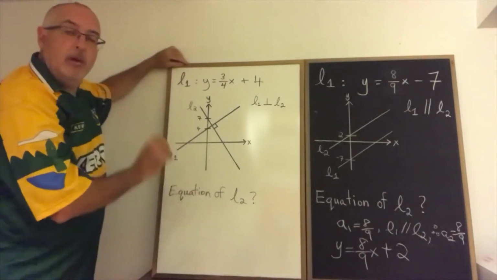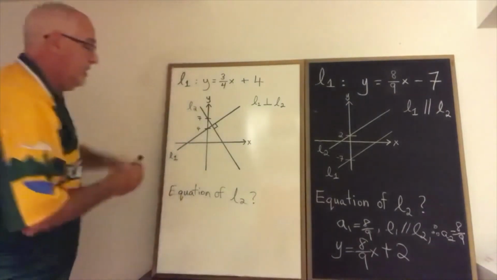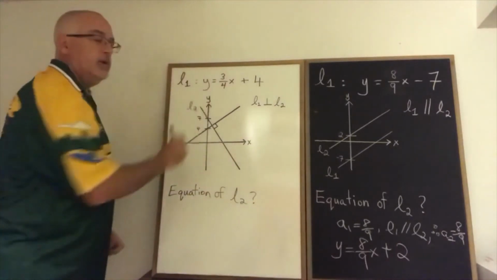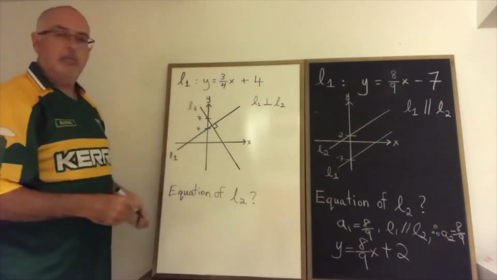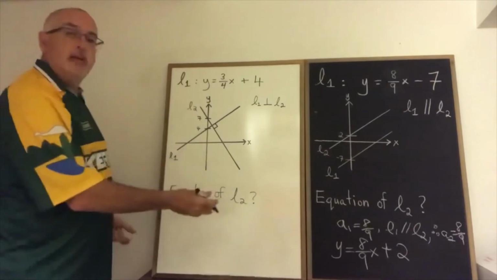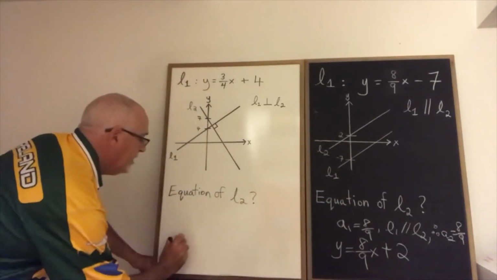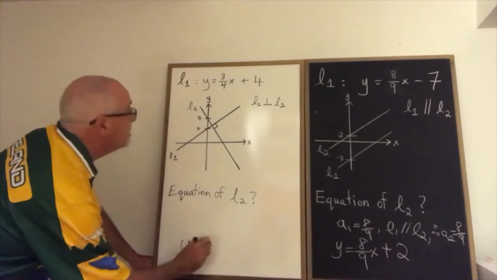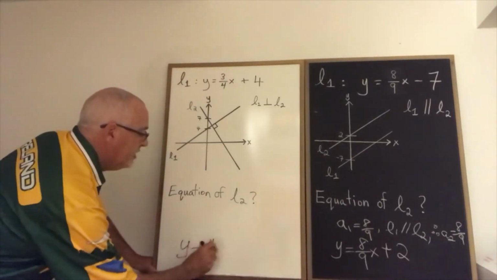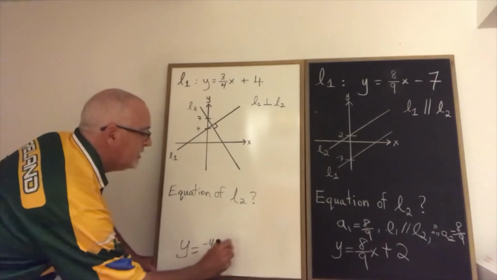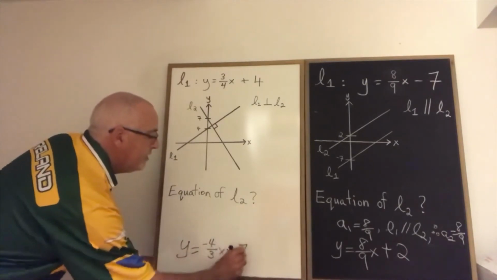But we need the a, we need the slope. Our answer, because this original equation slope was expressed as a fraction, is just as easy to write down as the answer of the parallel line situation. The equation is going to be y equals negative 4/3 x plus 7.